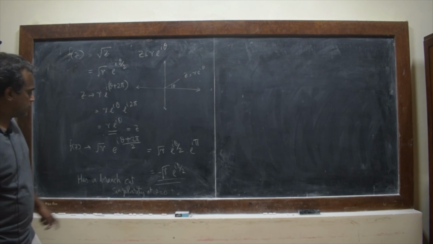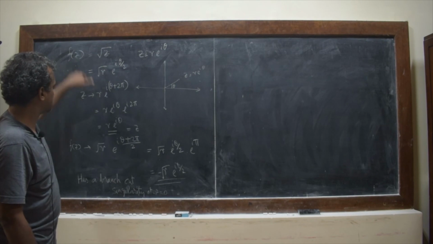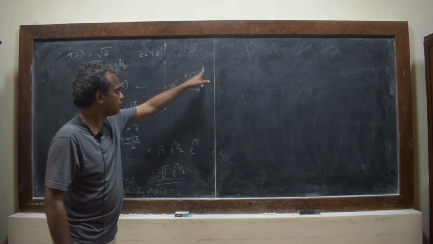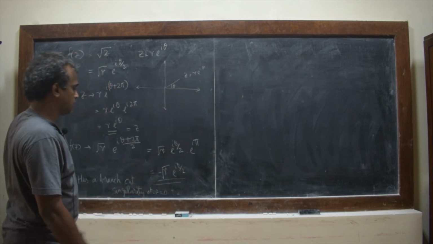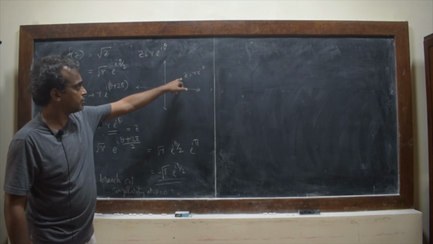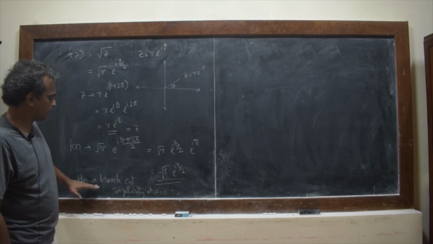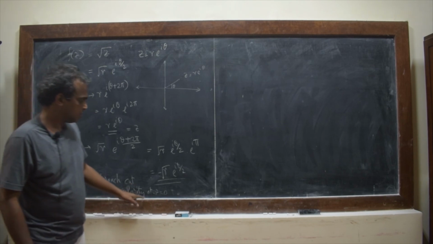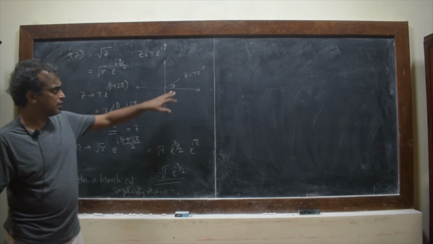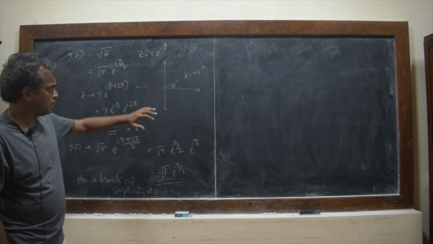So, this function, which seems to have two distinct values at the point z equal to r e to the I theta, is said to be multi-valued at this point z, and the multi-valuedness is said to be due to the branch cut singularity at z equal to 0.